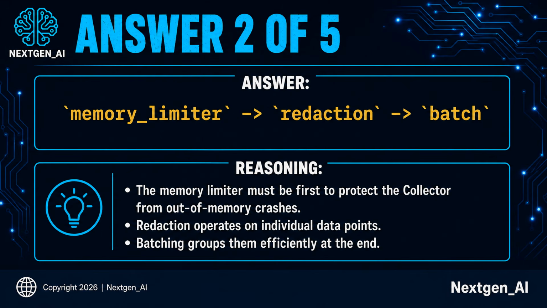The redaction processor operates on individual data points, so it runs next. The batch processor groups data points for efficient export, so it runs last. Reversing this order can result in either data loss from OOM crashes or PII reaching the export stage before redaction.